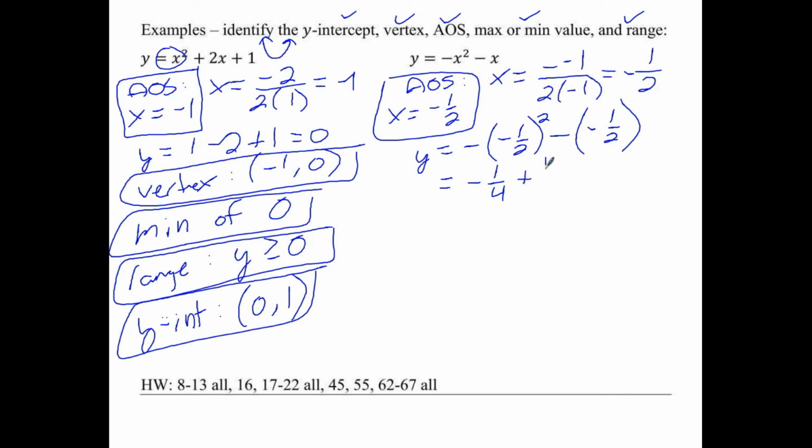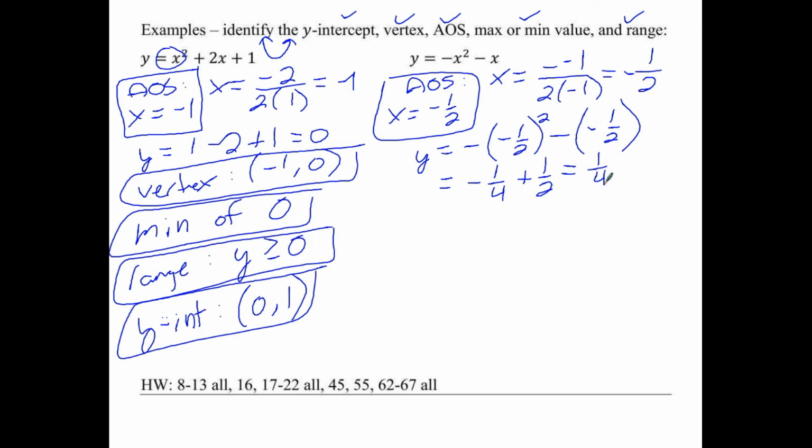So I have negative 1/4 plus 1/2. What do I get? Positive 1/4. So actually, it wasn't hard, but it would have been very hard to get it right if you were doing it in your head. Don't be ashamed to write stuff down. It's not that bad.